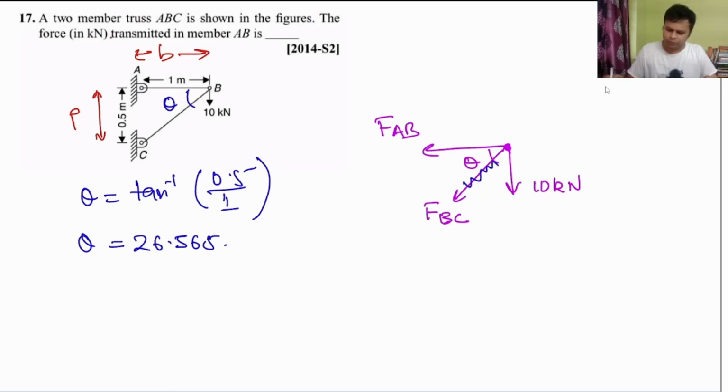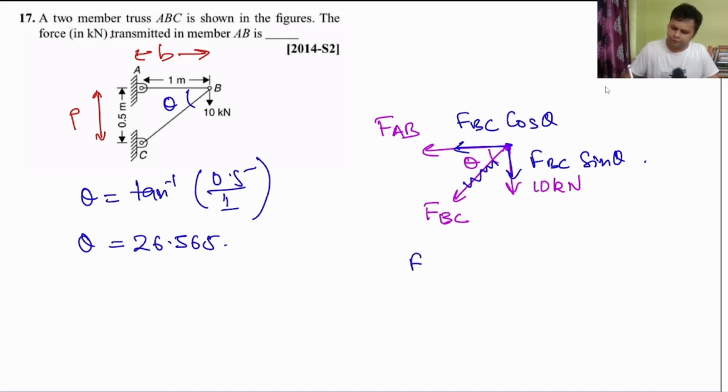As you can see, the direction I have assumed is wrong. The components are FBC cos theta and FBC sin theta. Writing the equation, FBC sin theta plus 10 is equal to 0, because both are in the same direction; the sum of the forces in the y direction should be equal to 0.